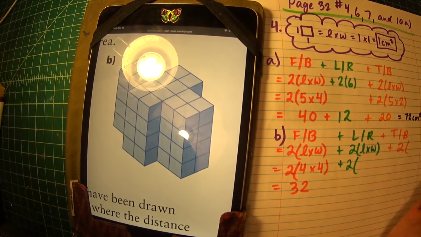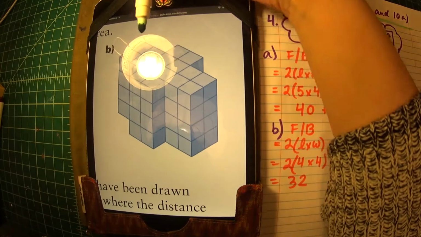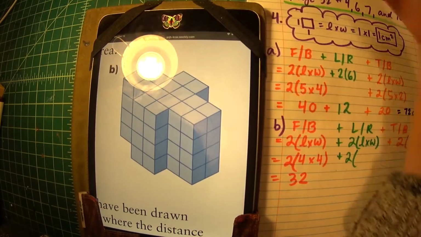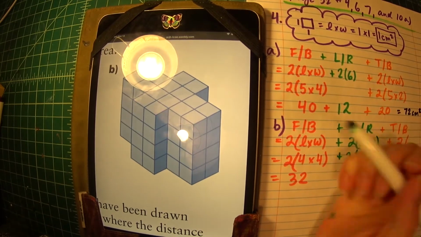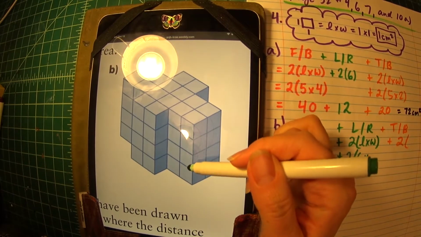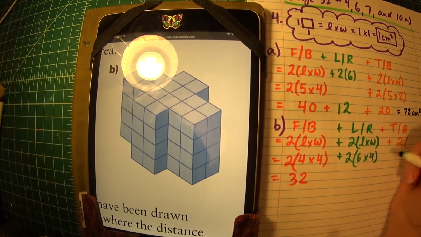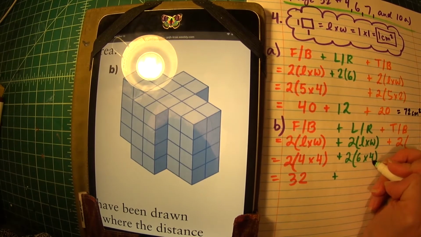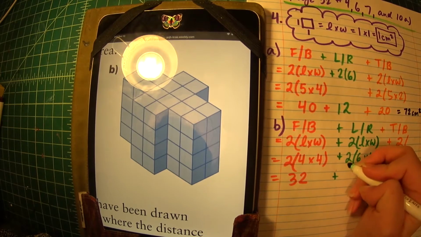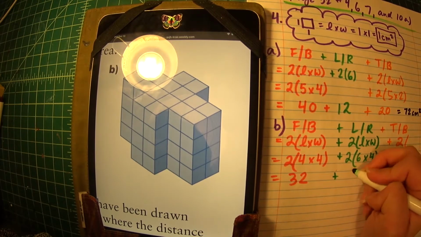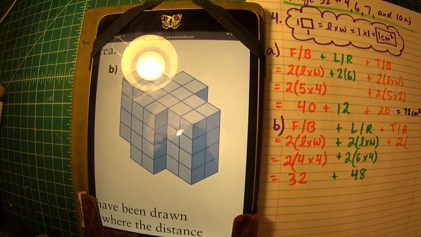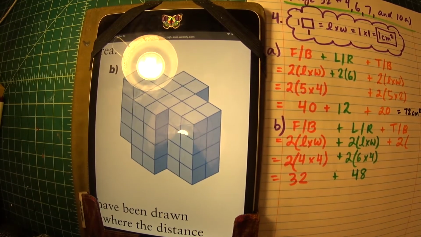So my length would be 1, 2, 3, 4, 5, 6 units by my width, 1, 2, 3, 4 units. 6 times 4 is 24, and 24 doubled is 48. So that takes care of the left and the right.